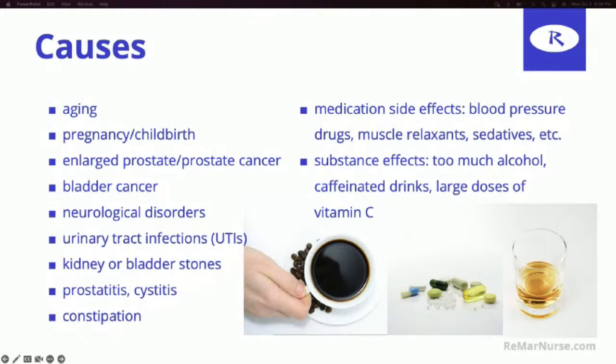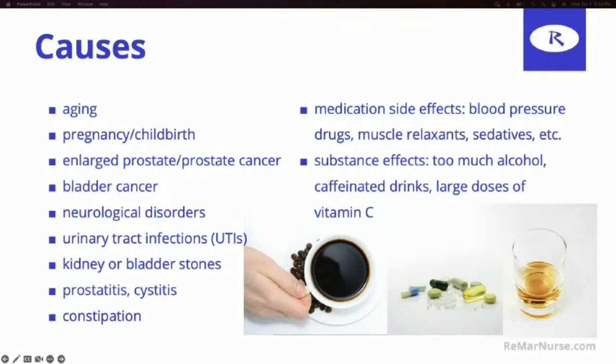Also in pregnancy and childbirth, as the growing fetus may cause stress incontinence. That's what we're going to typically see in pregnancy, the stress incontinence. And also, if a woman has had a vaginal delivery, what is that going to do to the pelvic floor muscles that are needed for bladder control?